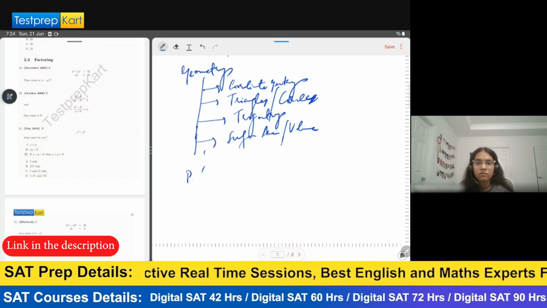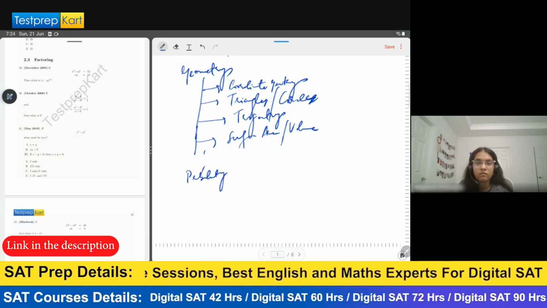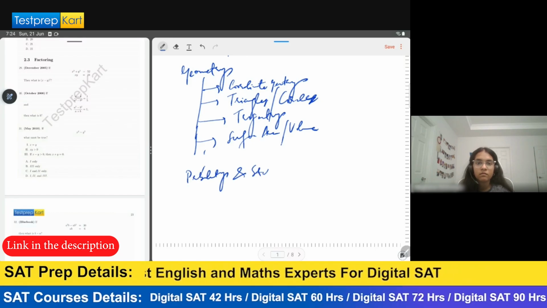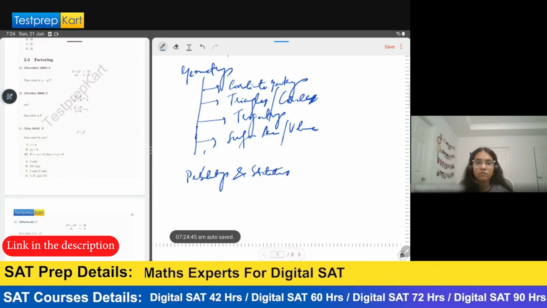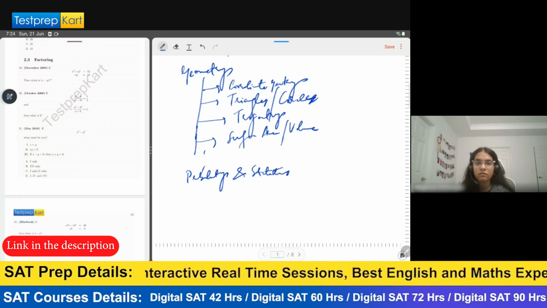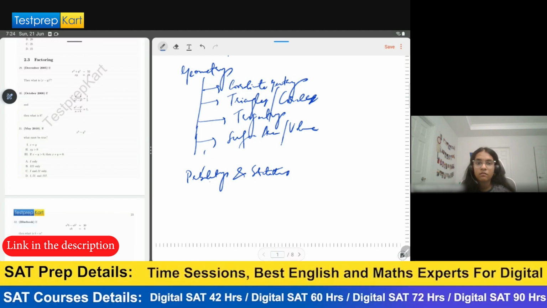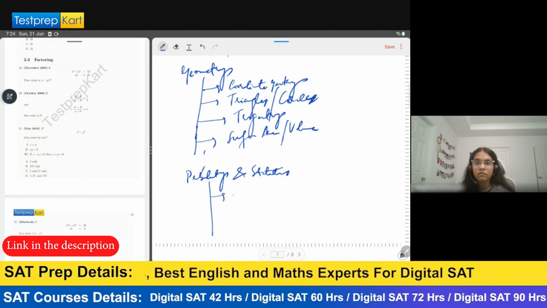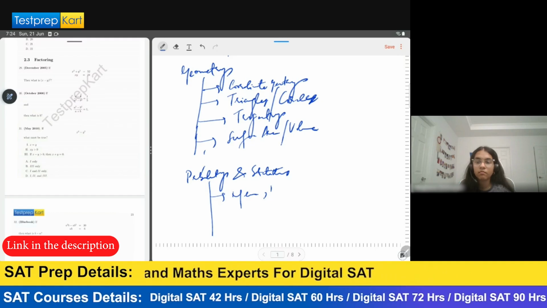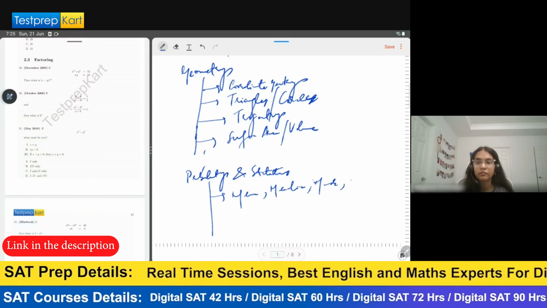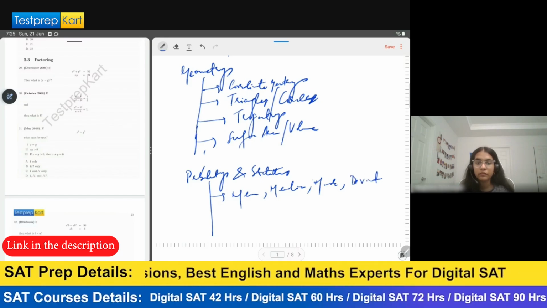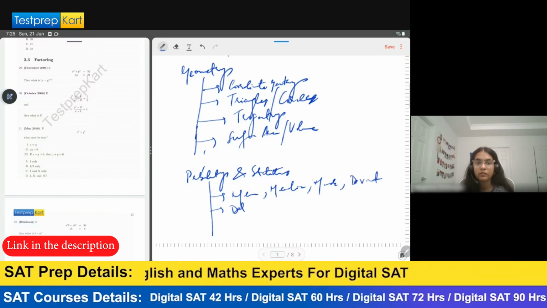Then comes the last section, probability and statistics. What is covered here? There is mean, median, mode, the basic statistics. Deviation we also study here. Then we go towards data interpretation.